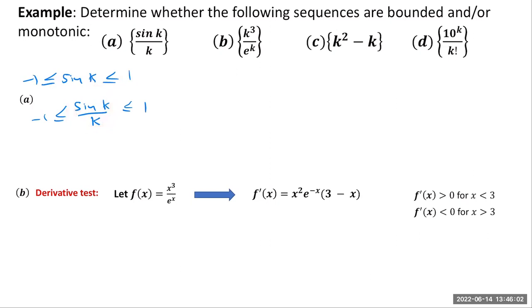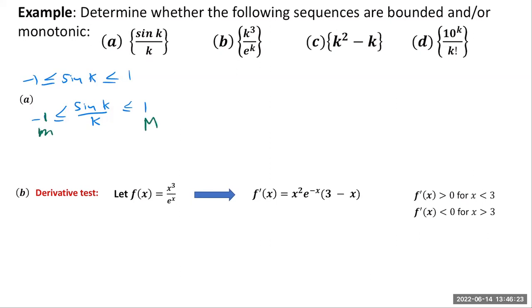As you can see, all the terms of this sequence are stuck between -1 and 1. That means the sequence is bounded below and bounded above. Of course, this will serve as your lowercase m.